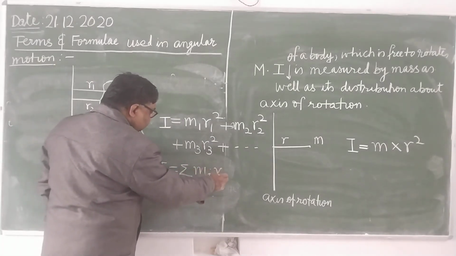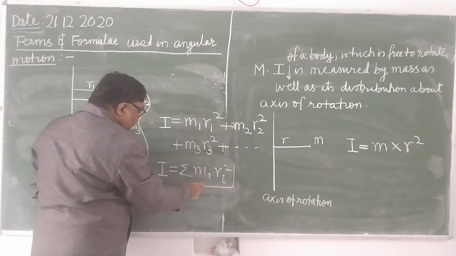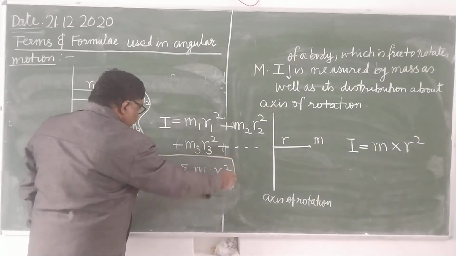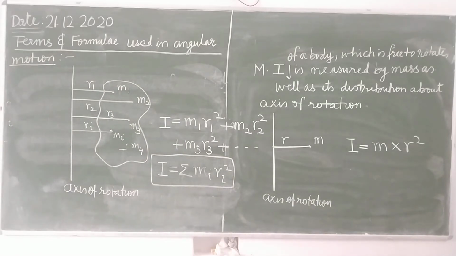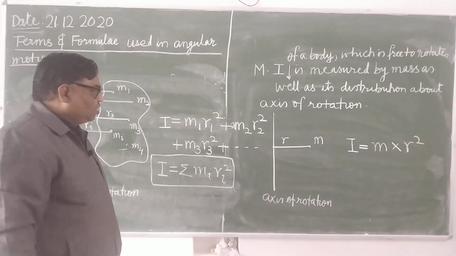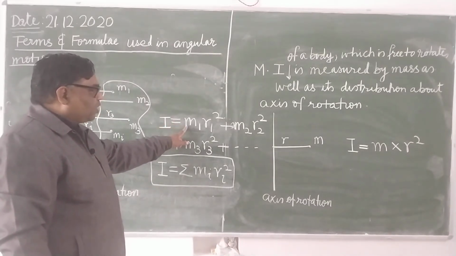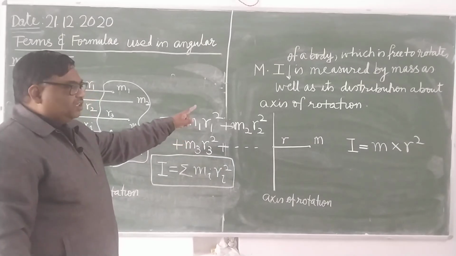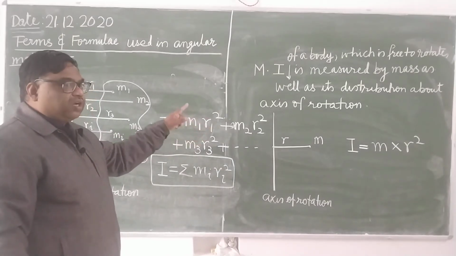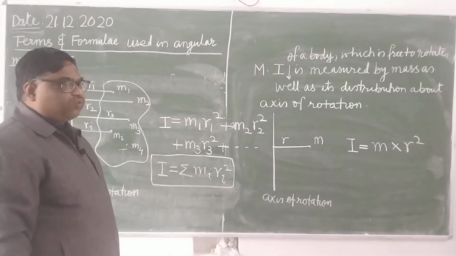What is sigma? Sigma means the process of summation. Means we can say the moment of inertia of a body which is free to rotate about some axis is equal to the sum of the products of masses of the particles and the square of their perpendicular distance from the axis of rotation.